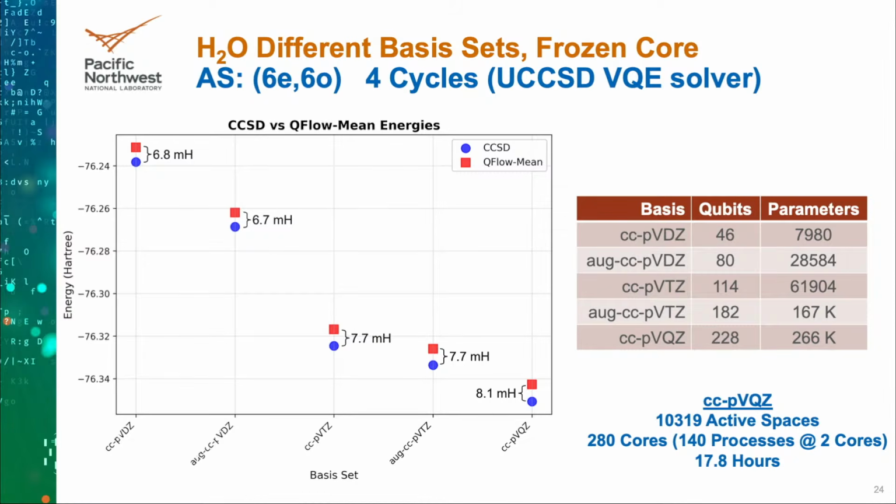Again, those are differences between the quantum flow based on the UCCSD solvers and the CCSD total energy when all orbitals are correlated.